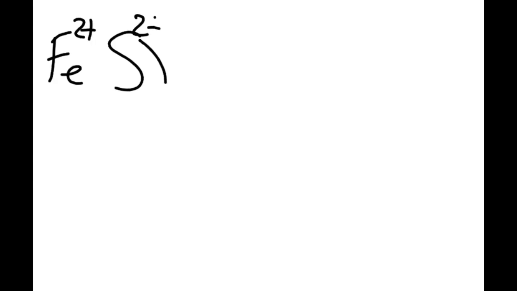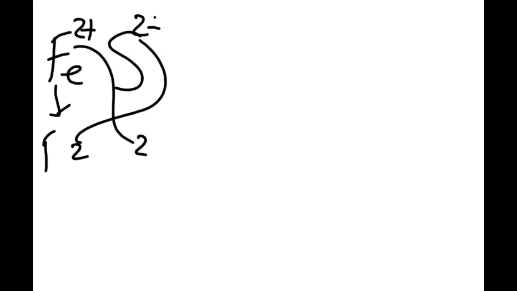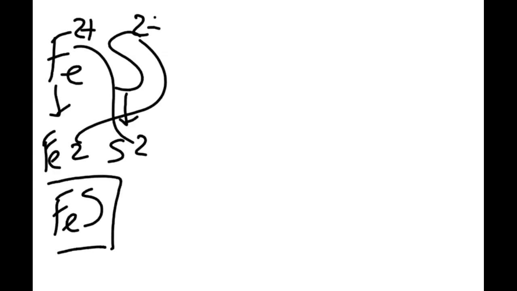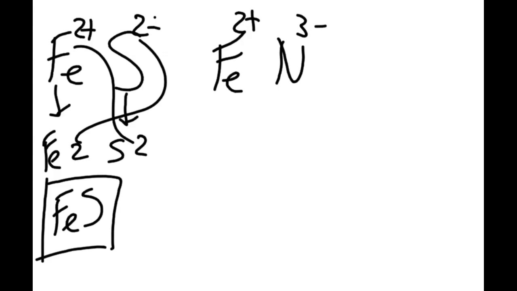All right, let's continue on. We have Fe, 2 plus. We have sulfur, that's a 2 minus. Okay, crisscross my numbers, symbols straight down. Because they're both a 2, we can simplify and in the box write FeS. Okay, nitrogen, so Fe is a 2 plus. Nitrogen is a 3 minus.